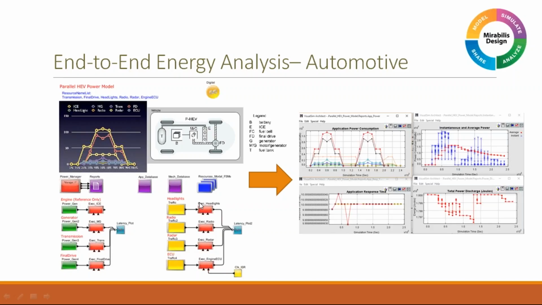In this model, we have modeled the processing units as statistical models, which are modeled in these resource model FSMs. When we run the model, it provides reports such as application power consumption reports, as well as the application response time if I run with a certain set of configurations.